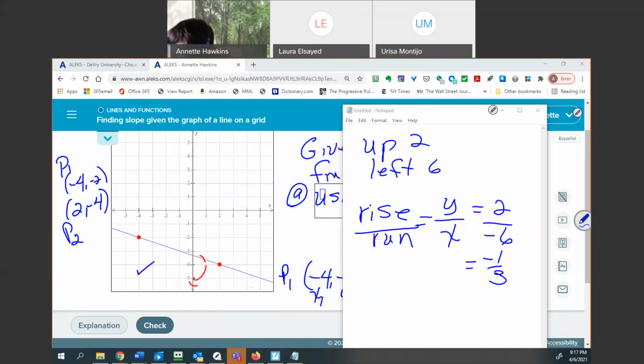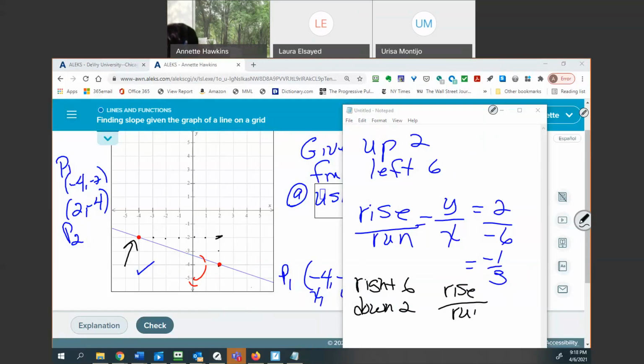All right, let's reverse ourselves. Let's start here. If I start here, I go 1, 2, 3, 4, 5, 6. I go right 6, and then I go 1, 2, down 2. But the formula is always rise over run. I went down 2.